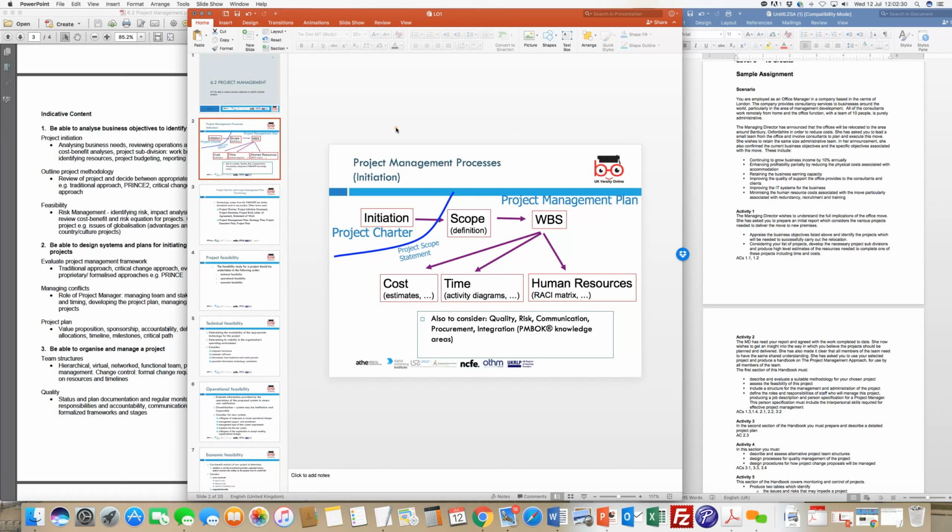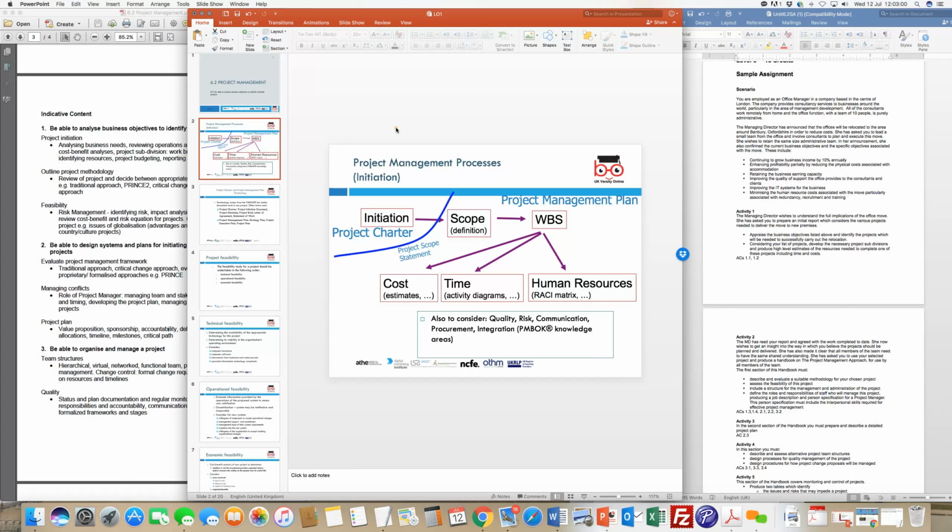And I'm going to send you a copy of this presentation along with the detailed handout, which will cover some details in terms of the project management process that I've talked about, and also the different methodologies that we have in the market when we look at starting off something to do with project management. So let's have a read through this for this week, along with the assignment brief and the specification, so that you have a good idea of how we're going to approach this.